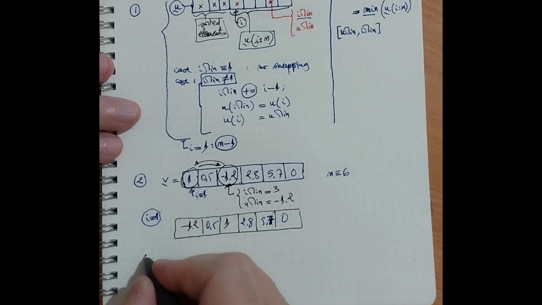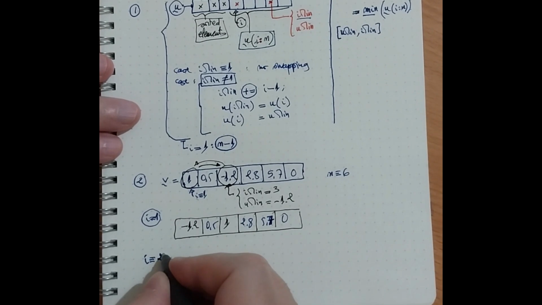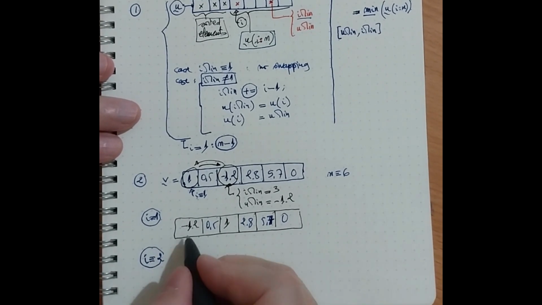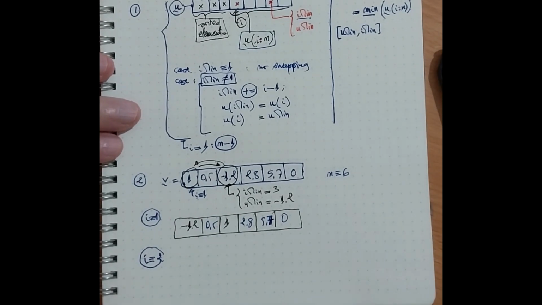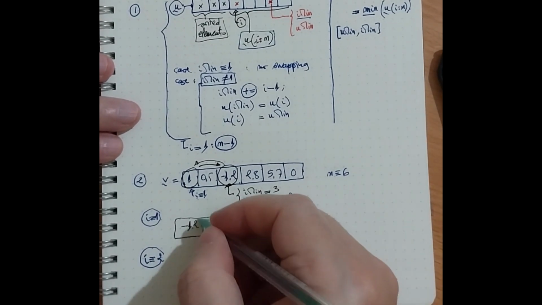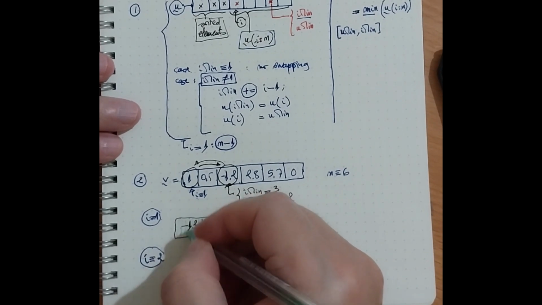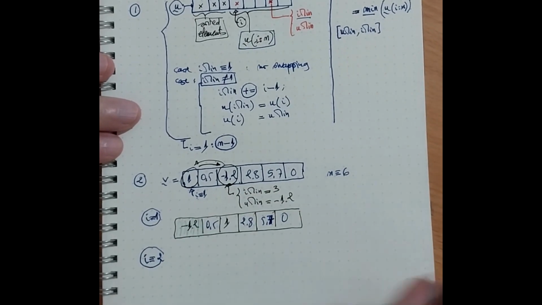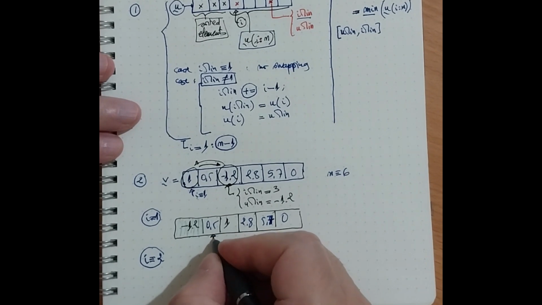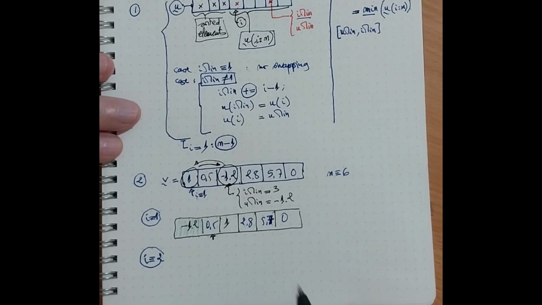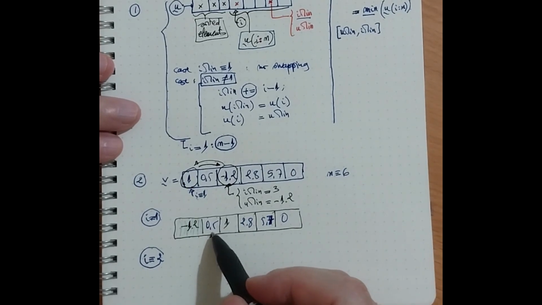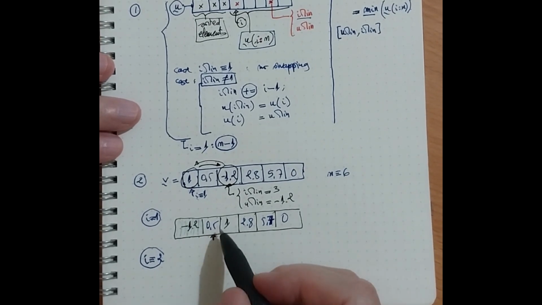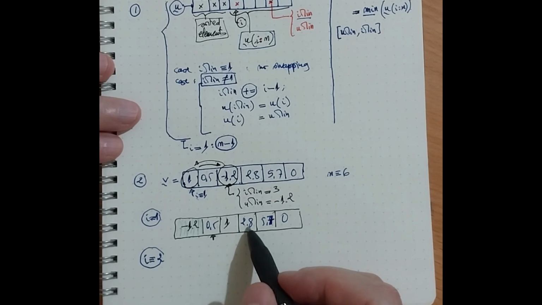Let's now do it for I equal 2. So this one is already sorted. We are in the second position. Let's look for the minimum from 2 till 6: 1, 2.8, 5.7, 0.